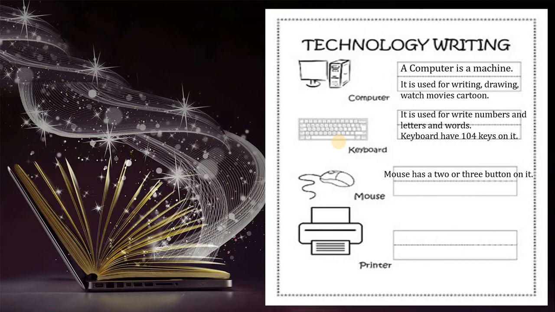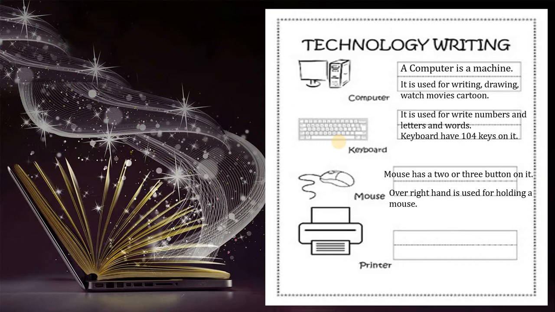Now, the mouse. Identify the picture: the mouse. The first sentence is: a mouse has 2 or 3 buttons on it. Right? You can see in the picture that it shows 2 or 3 buttons. Now, the second sentence: our right hand is used for holding the mouse.